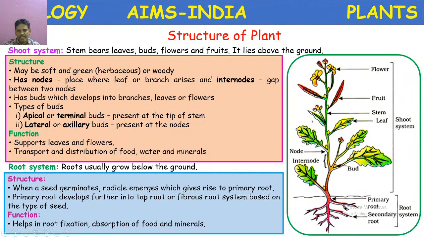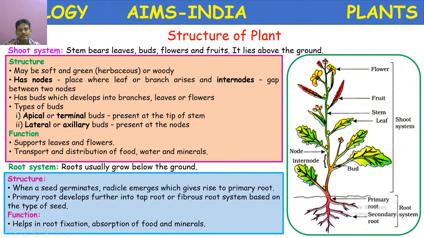Next, there are different buds located on the stem, mainly the apical bud. Apical bud means the terminal bud, the uppermost part of the plant, and it is also called the growing tip of the plant. Next, the lateral bud.